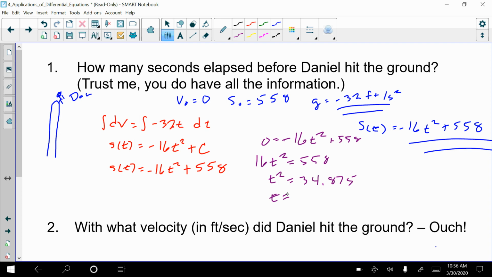So time is approximately, because the square root of that 34.875 number is probably not going to be a nice decimal, 5.906 seconds. So from the top of the Washington Monument, Dan fell 558 feet in just under 6 seconds.